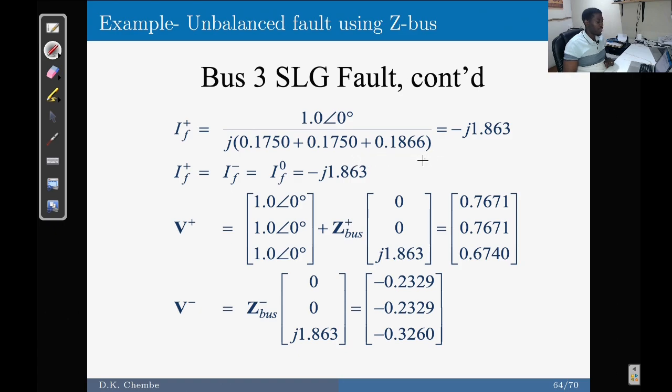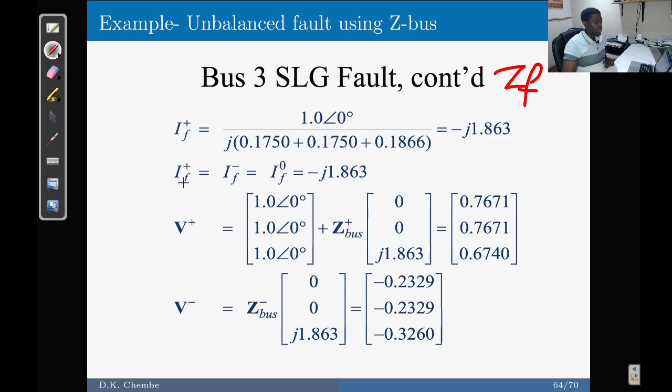And equally, if we have the ZF in the network, it is going to be added to this to determine the fault current with the fault impedance.